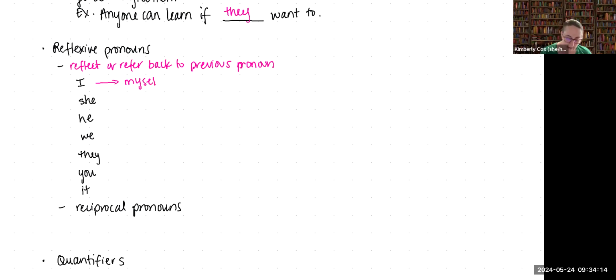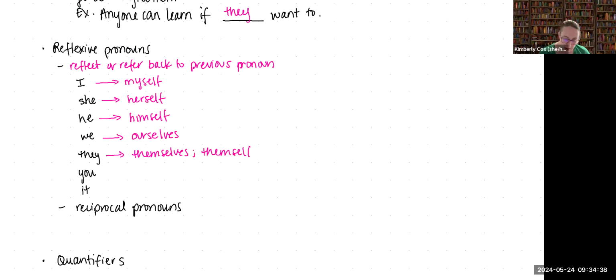I myself believe, she herself, he himself, we ourselves, they themselves, or more frequently, themself, if you're using it in a gender neutral way. You would be yourself, and it would be itself.